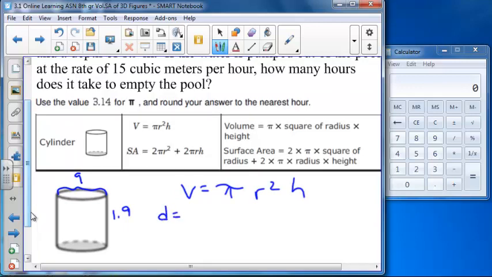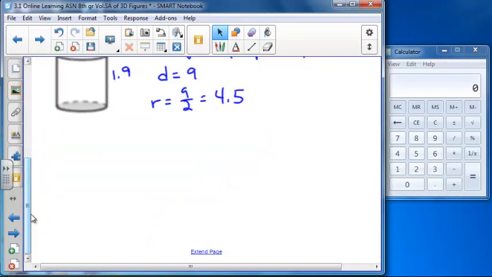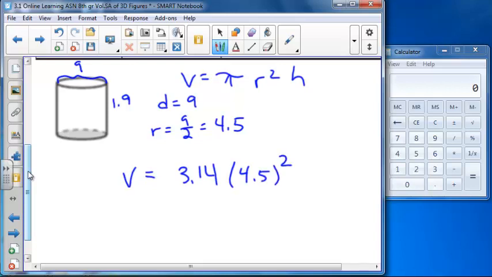Again, we're given the diameter. To find the radius, we'll divide that by 2. We'll use the radius of 4.5. Let's substitute into the volume formula. We'll use 3.14 for pi. The radius is 4.5, and the height is 1.9. Don't forget the order of operations.